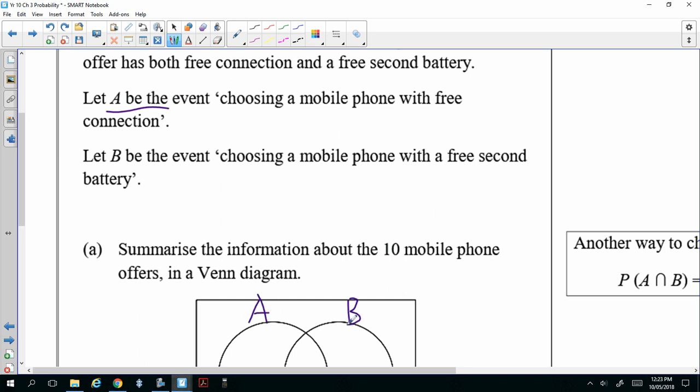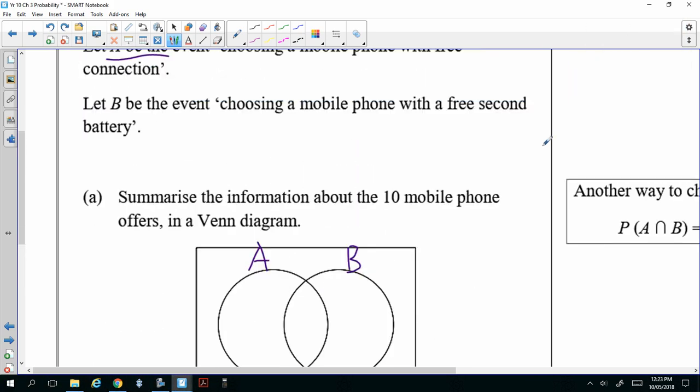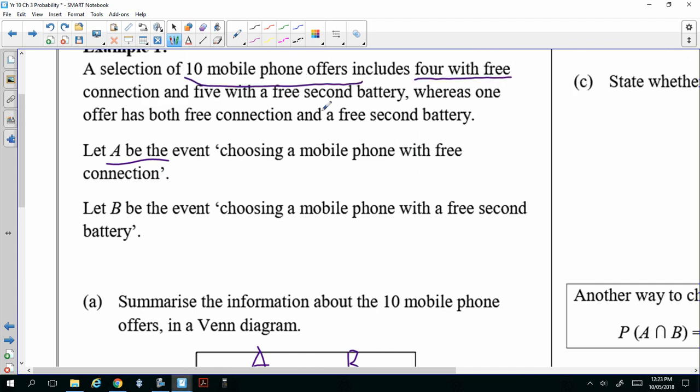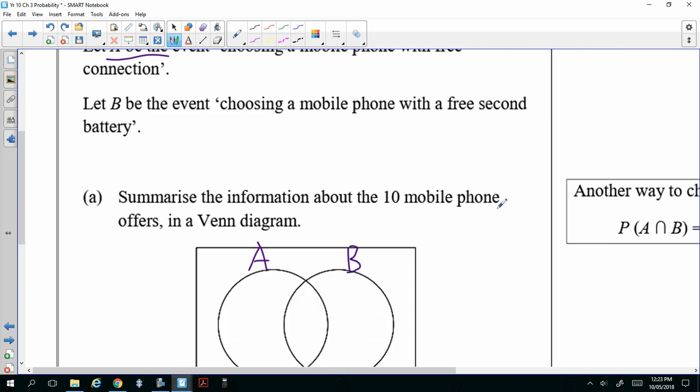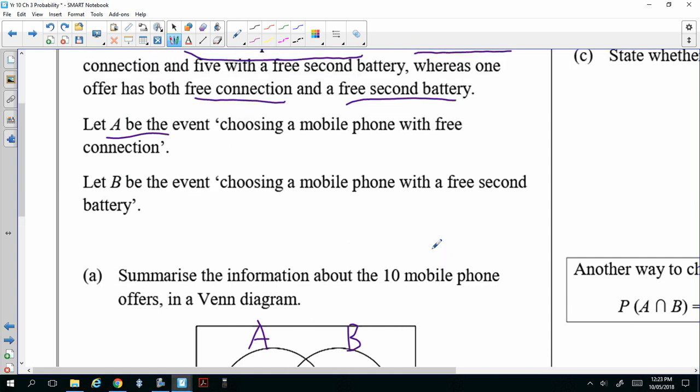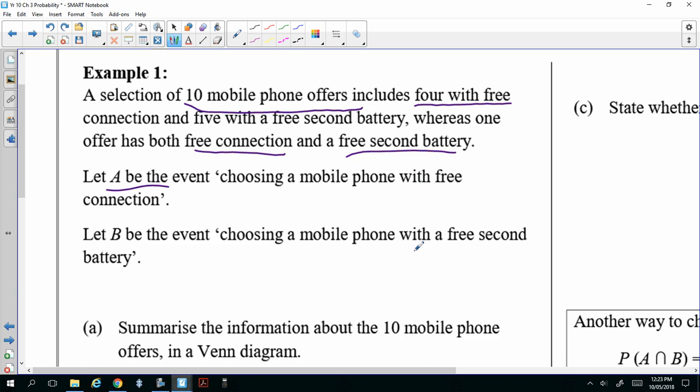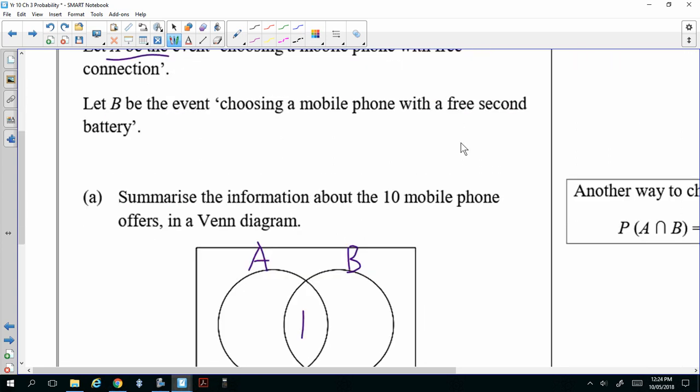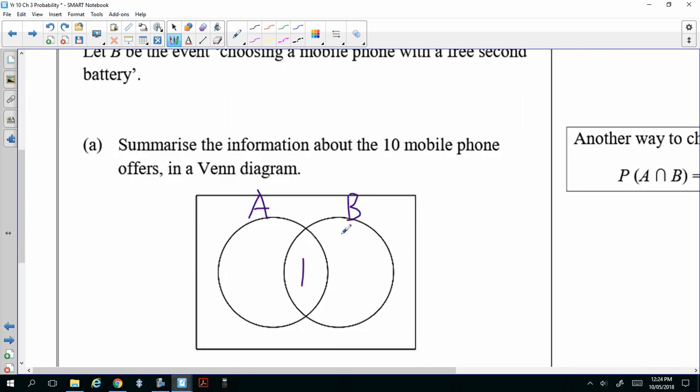One phone offers both a free connection and a free battery. So we write 1 in the middle that has both A and B. If there are 4 with free connection, and there's already one that has both, how many have only free connection without the free battery?